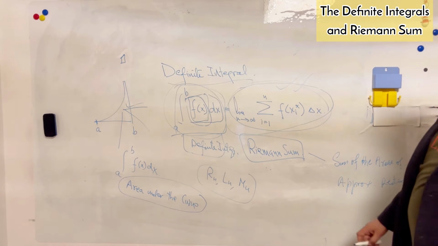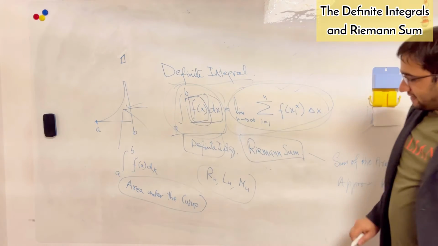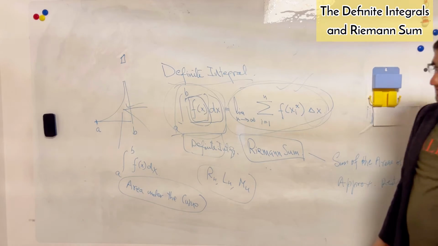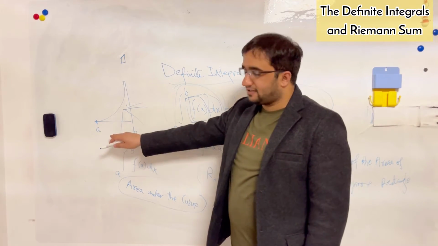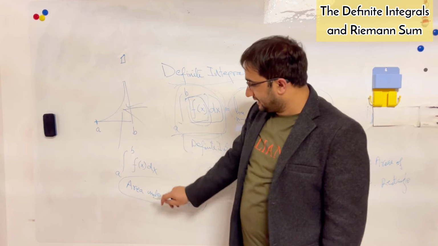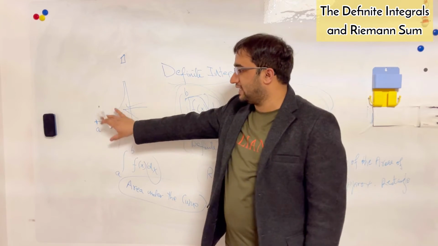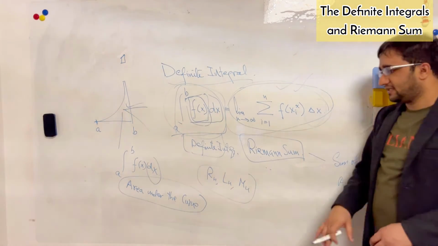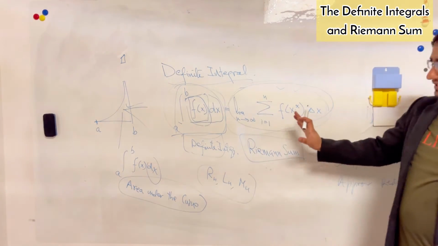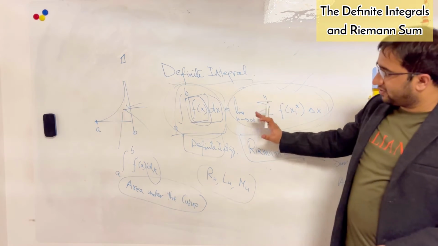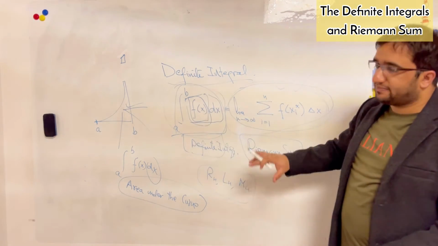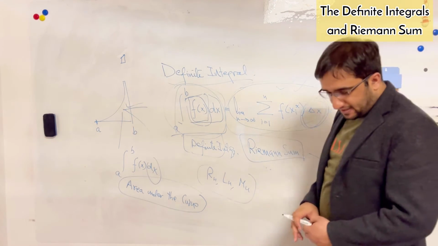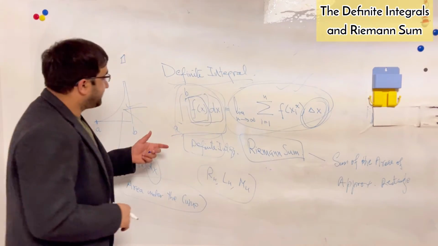Both are giving me the areas, but this one has more error depending on the delta x, and this one has less error depending on the dx, the endpoints and the flexibility of the function. So the improvement is that you improved the calculation from here to here by a big margin of delta x. Anyways, this is the difference between that and the definite integral.